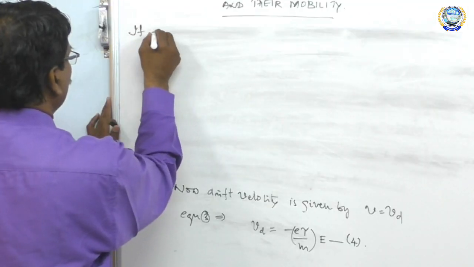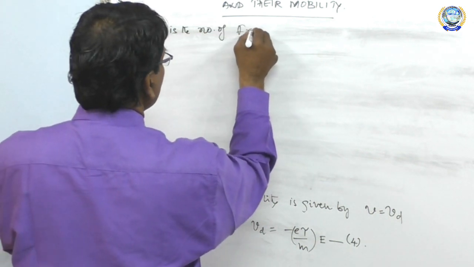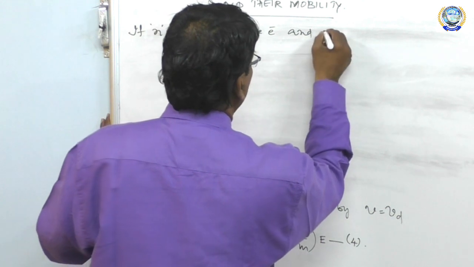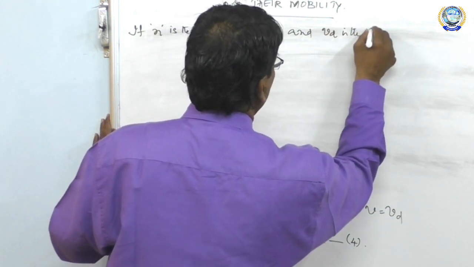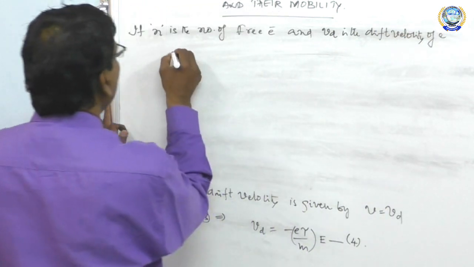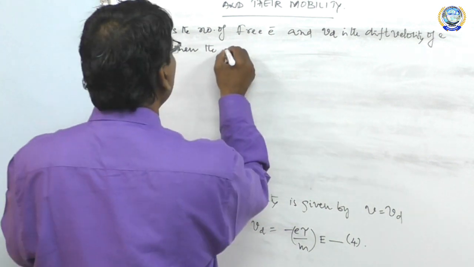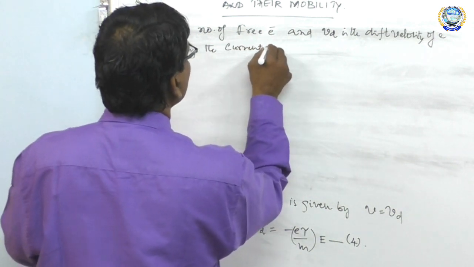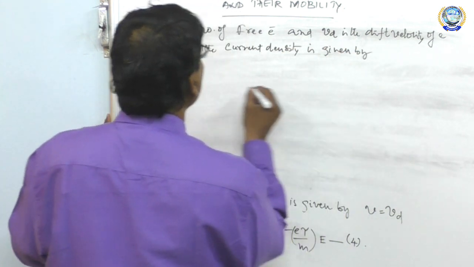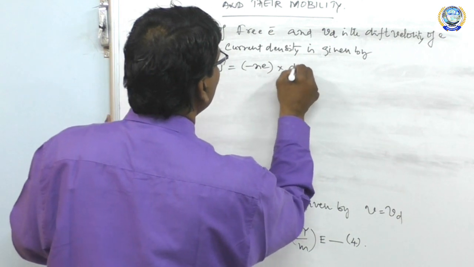If n is the number of free electrons and vd is the drift velocity of electrons, then the current density is given by J is equal to minus ne into drift velocity.